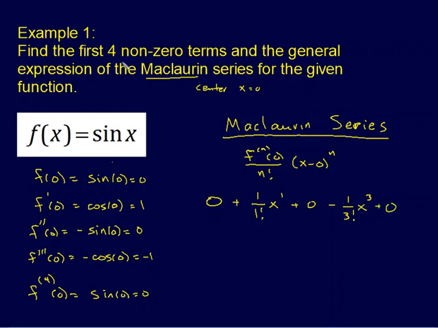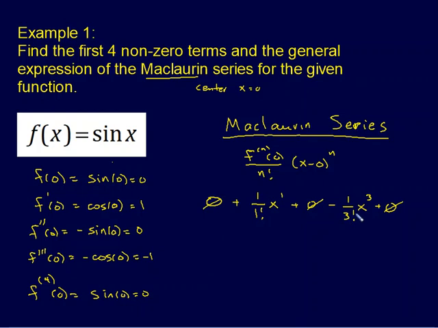Now we're asked to write the first four non-zero terms, so technically these zero ones do not count for that task. We want to keep going until we get four terms that aren't zero. But this allows me to see a pattern here, and that is with the sine function, every four derivatives goes around this cycle. Every odd derivative is going to be either a 1 or a minus 1, and every even derivative is going to be a 0.